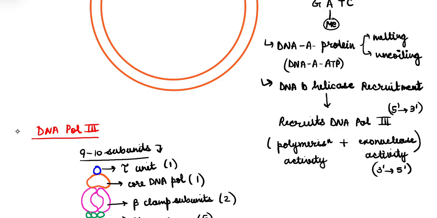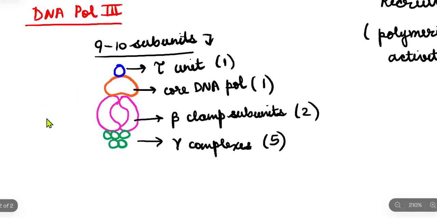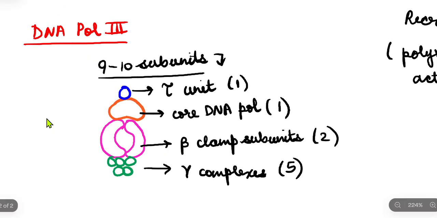Now let us look into the details of the structure of DNA polymerase III. A typical DNA polymerase III is made up of approximately 9 to 10 subunits. Out of those subunits, let us first see the beta clamp subunits. There are two beta clamp subunits which I have made here in pink color, 1 and 2.